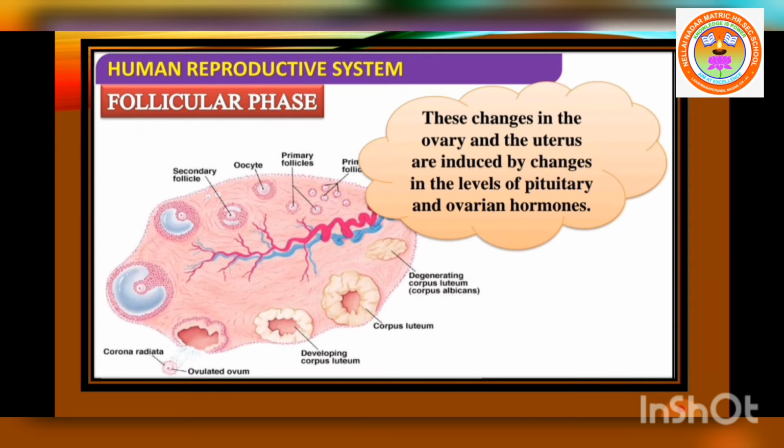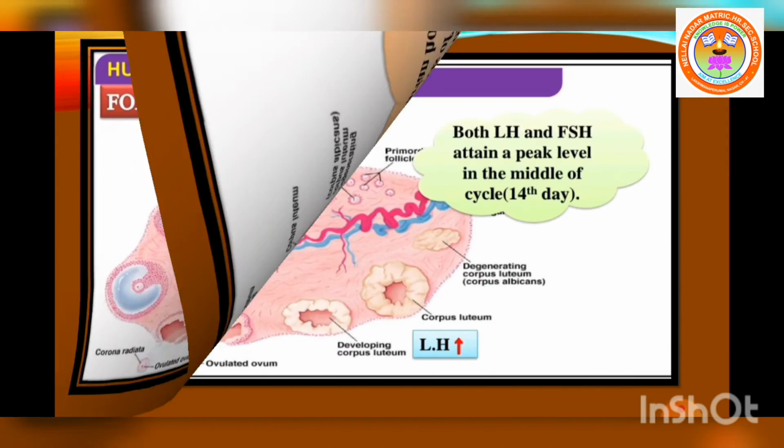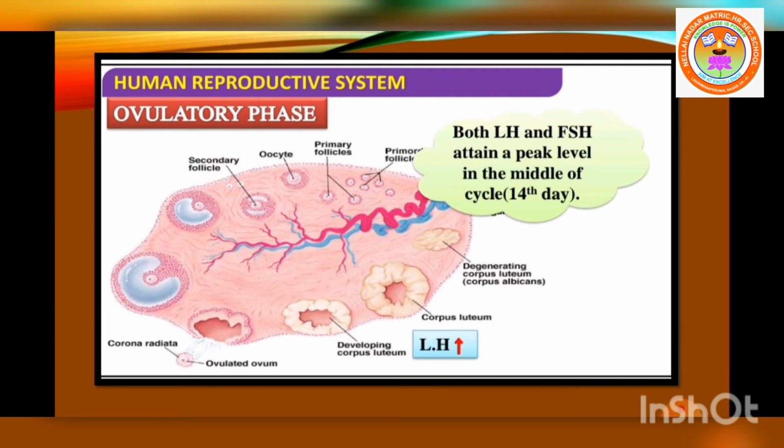These changes in the ovary and the uterus are induced by the secretion of gonadotropins like follicle stimulating hormone and luteinizing hormone, which increase gradually during the follicular phase. It stimulates follicular development and secretion of estrogen by the follicle cells.